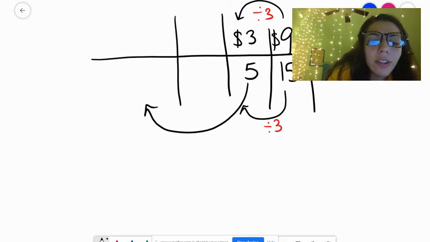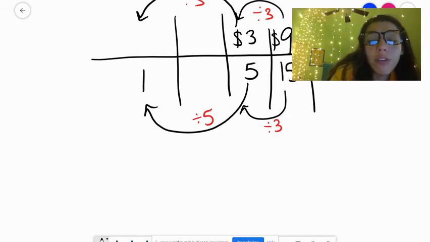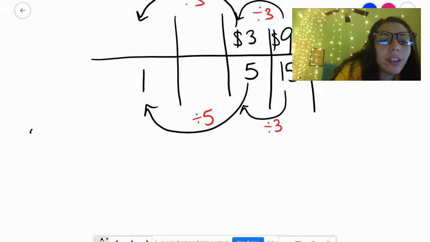Let's do 5 divided by 5 and $3 divided by 5. All right, let's get our answer. So 5 divided by 5 is 1. So for 1 soda, how much are we going to pay? So we're going to do 3 divided by 5.